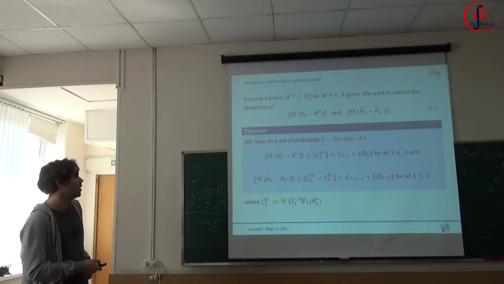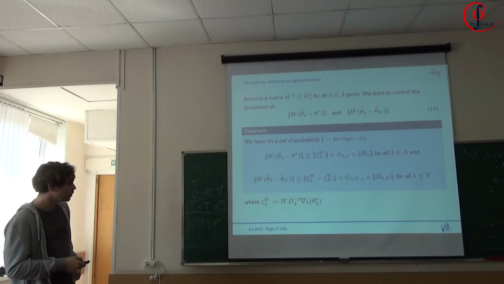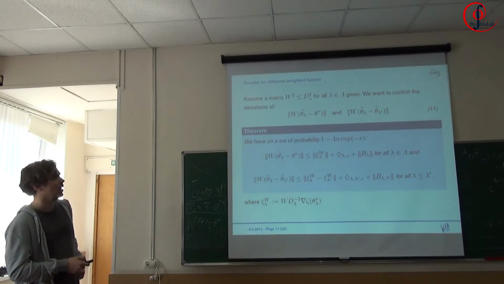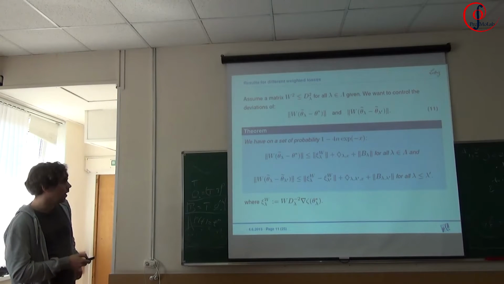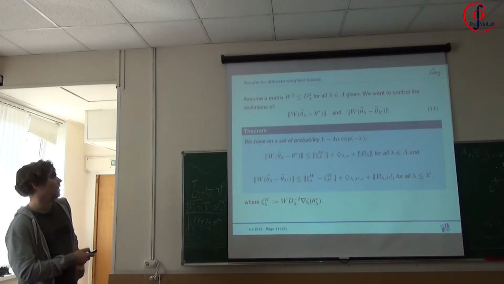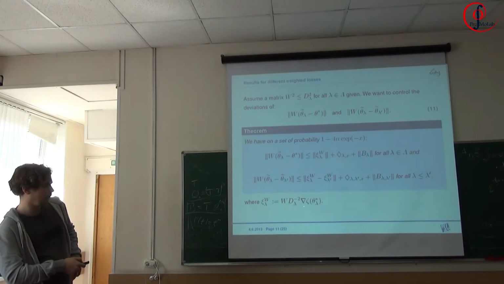These guys we are interested in. And so one can uniformize the results I showed you before, to have for all lambda in our set, under some technical conditions, that we can bound this by this psi lambda W, which I will define like this.